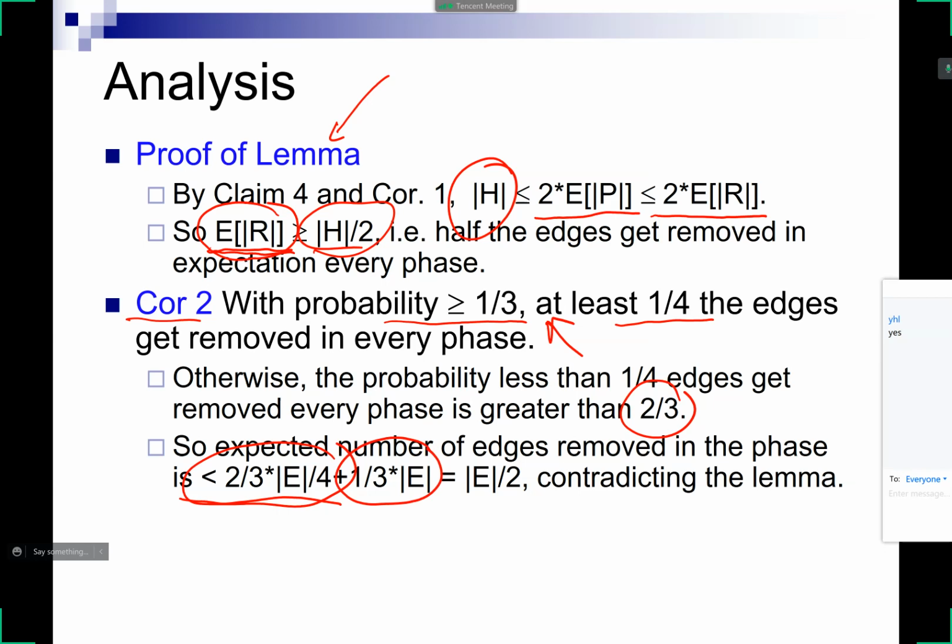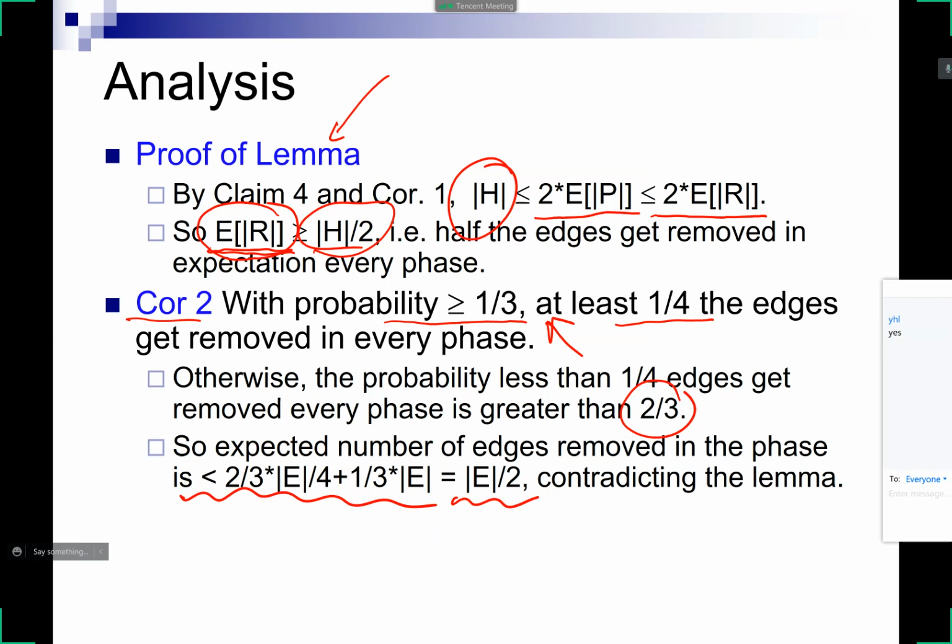But at most, in the second case, where you take out more than 1/4 of the edges, you can take out all the edges. So that means that in expectation, you can take out at most this number of edges in each round. And this is actually less than half of the edges, and that's a contradiction, because the lemma says that we take out half of the edges in expectation.